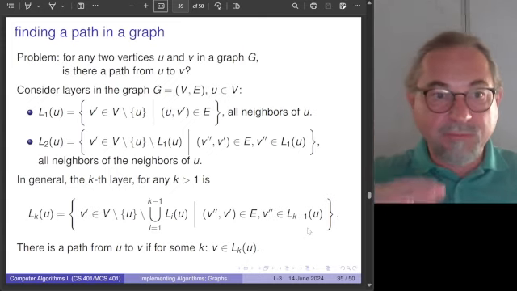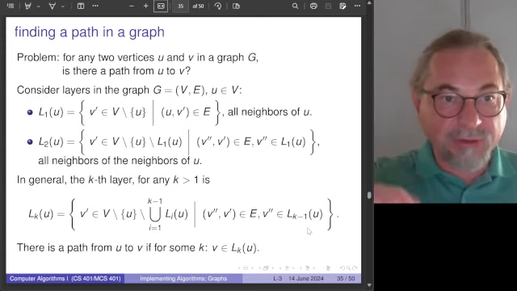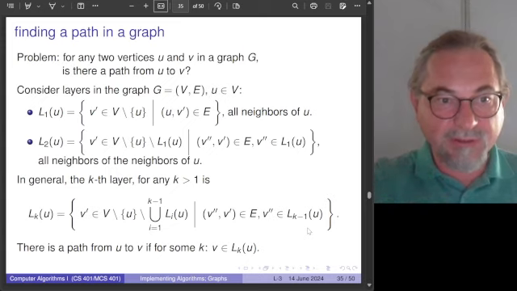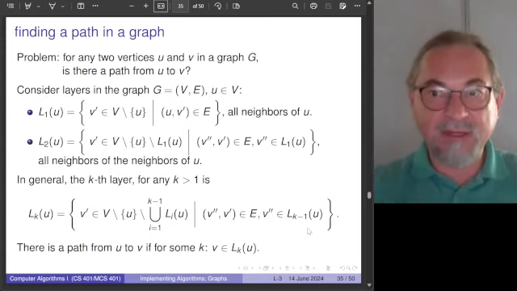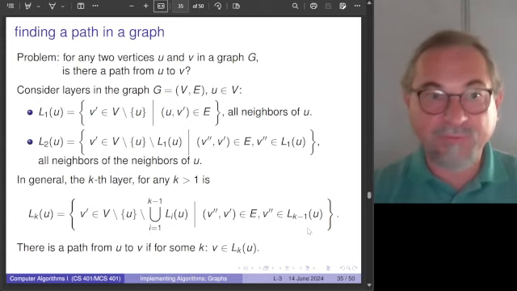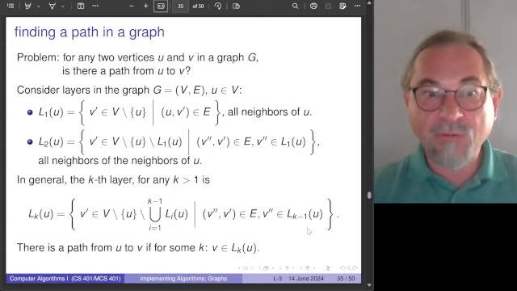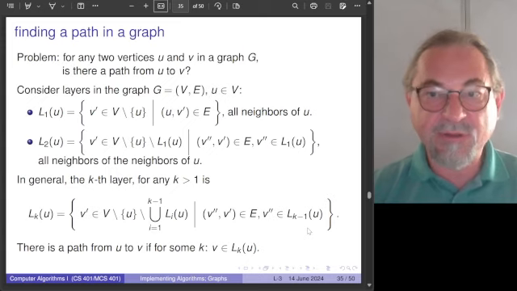Okay, I hope that with these definitions, by layering the vertex set of a graph, we can actually decide whether there is a path from U to V.